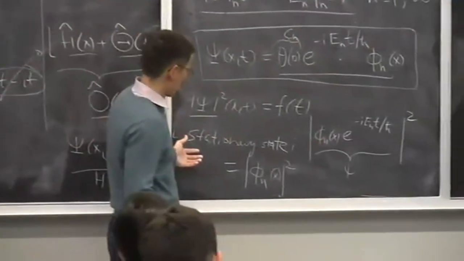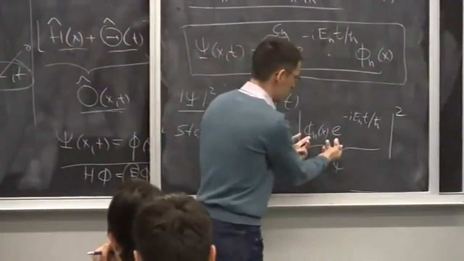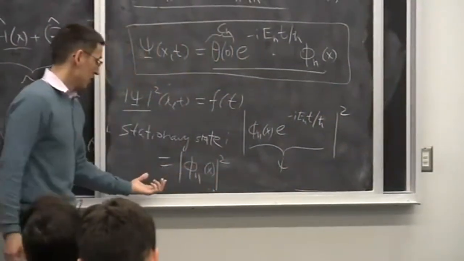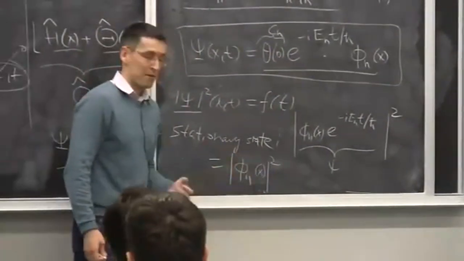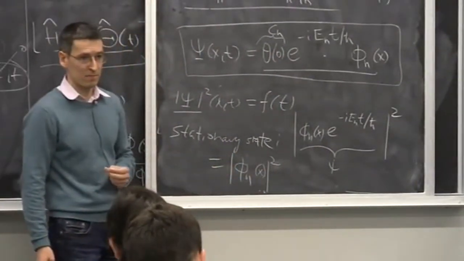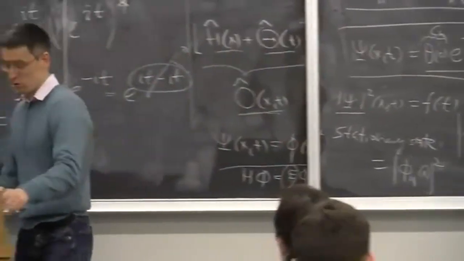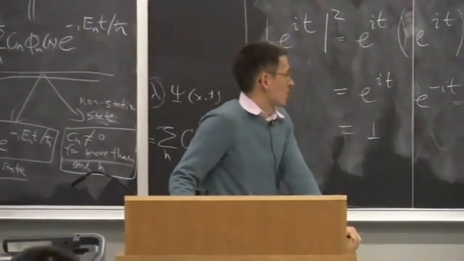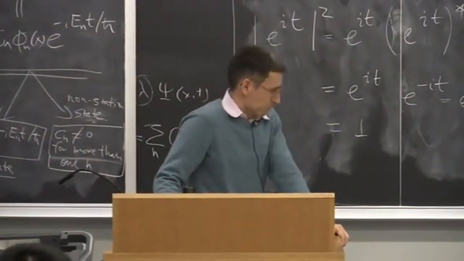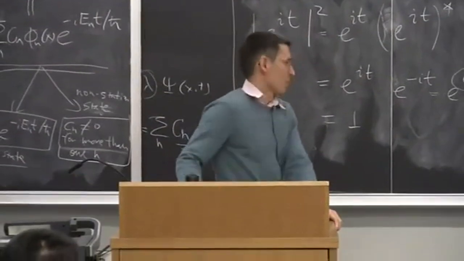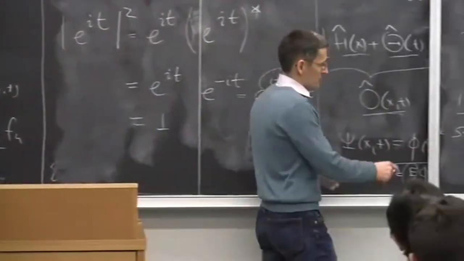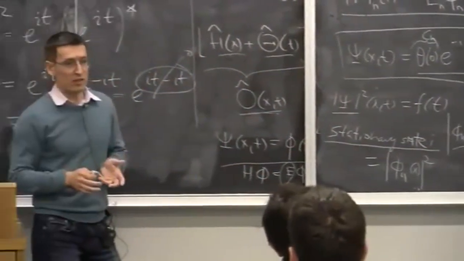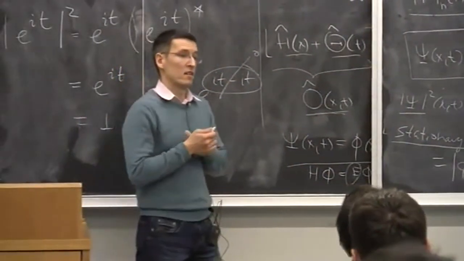That tells us that if you have a single product and you take the absolute square to get the probability density, you will get something that is time independent. And this is truly remarkable because, as you will learn in quantum mechanics, there are situations where a stationary state can have non-zero kinetic energy, okay?